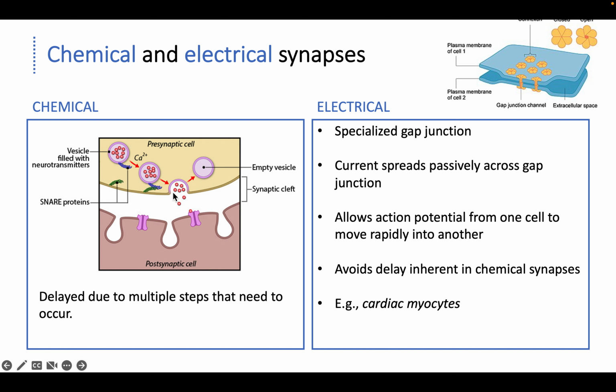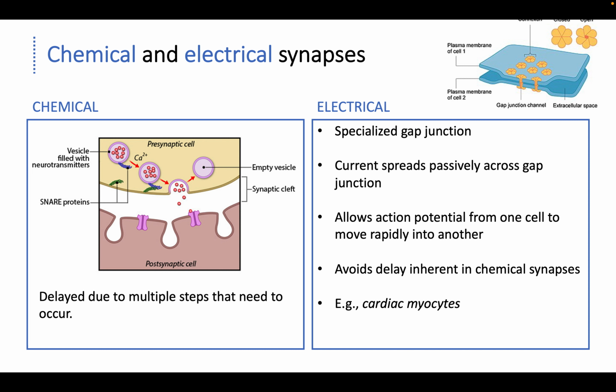You also have electrical, right? And so electrical, instead of using chemicals, you're using the flow of ions from one cell directly into the next, all right? And the way you have ions flow directly from one cell to the next is you use a gap junction, right?